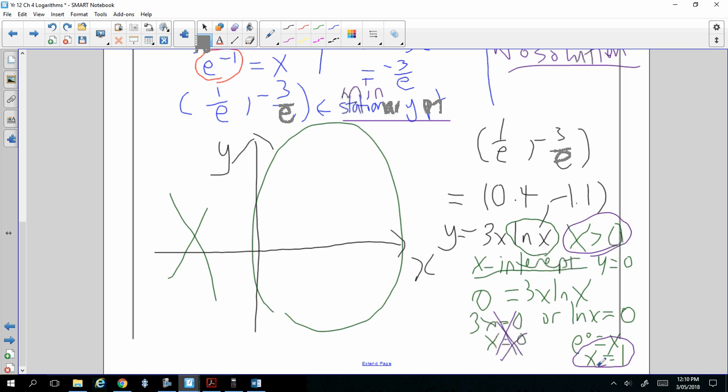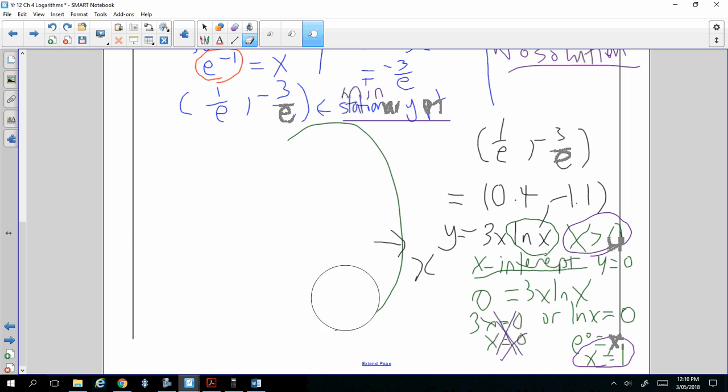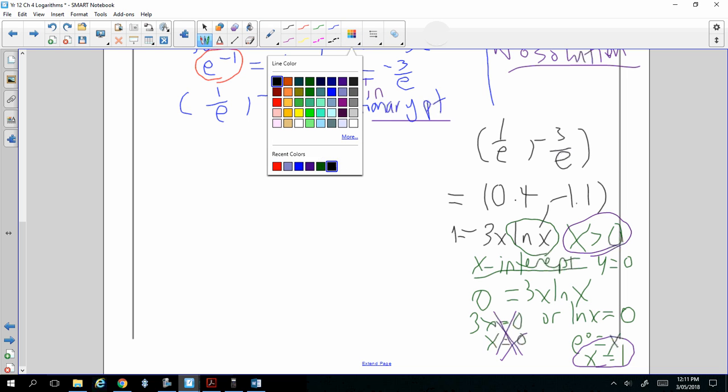Now that means I don't need this part of the graph, so I could just draw it so that I just include the positive part. Let me draw this again. You don't need the negative part of the x-axis because the domain is all positive values of x.